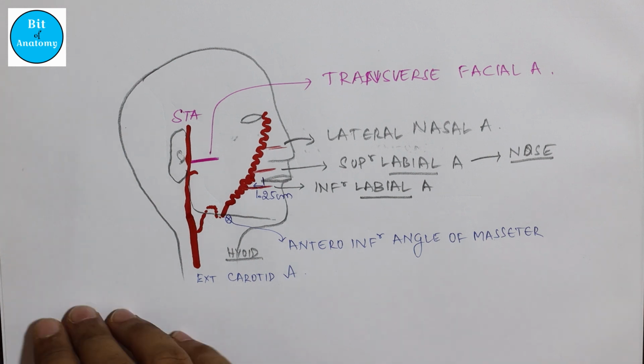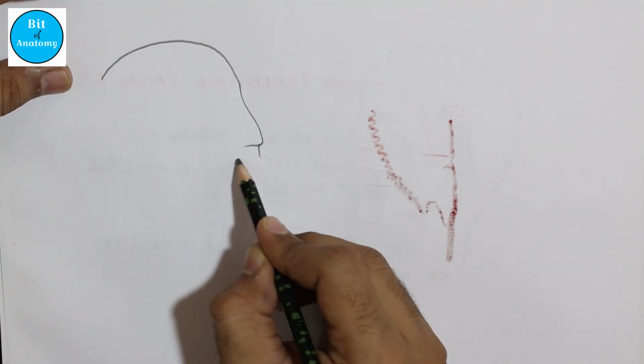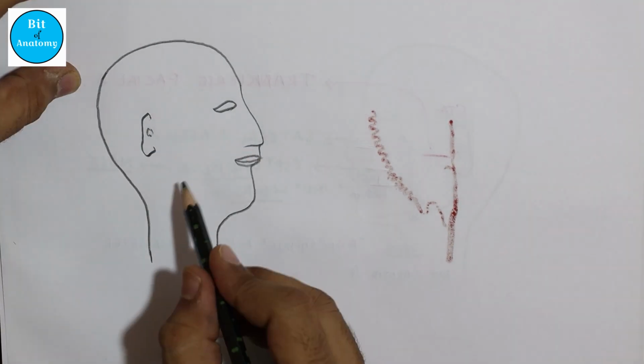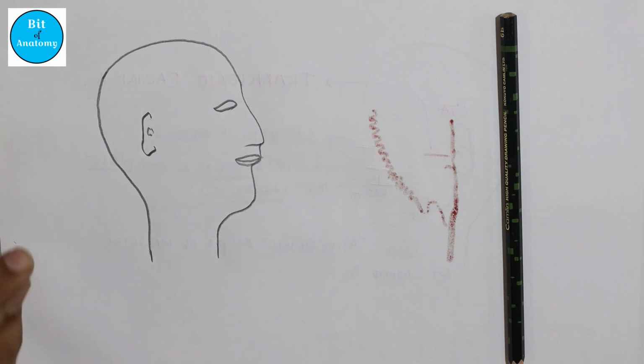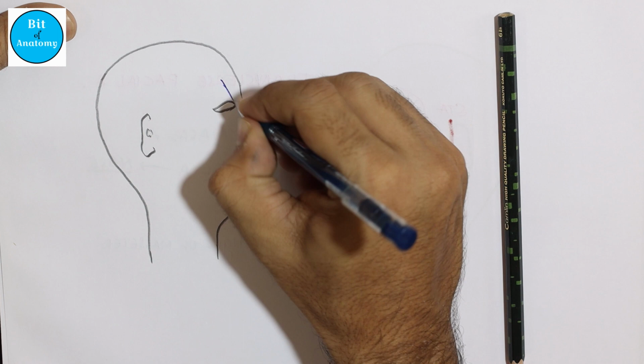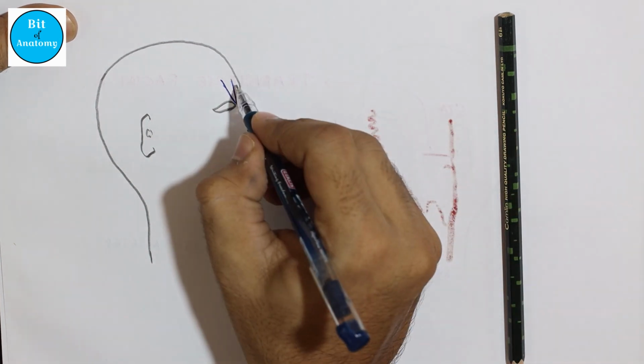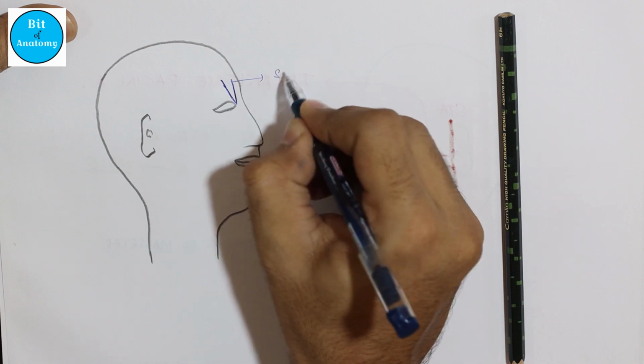If you appreciate the venous drainage, veins correspond to the arteries, some of the veins. There will be two veins in the upper part, coming from the scalp region, corresponding to the nerves of the same name.